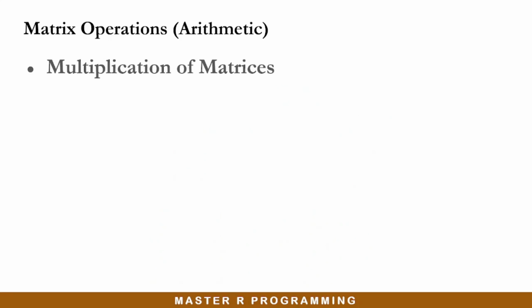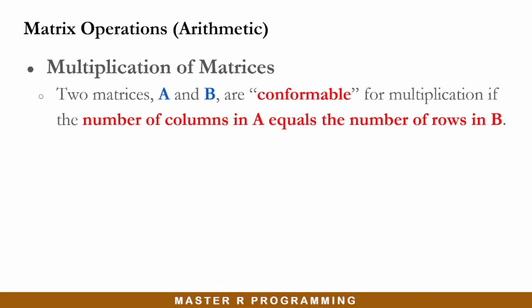When we move on to multiplication of matrices, two matrices A and B are conformable for multiplication if the number of columns in A equals the number of rows in B. Keep this in mind because it's very important that two matrices must be conformable before multiplication can be done.